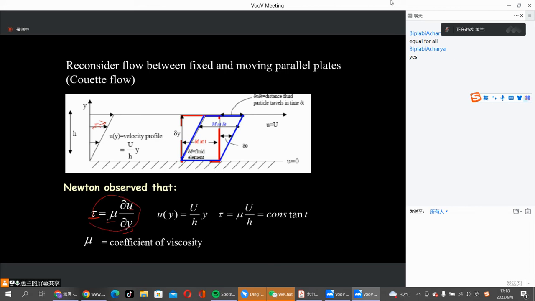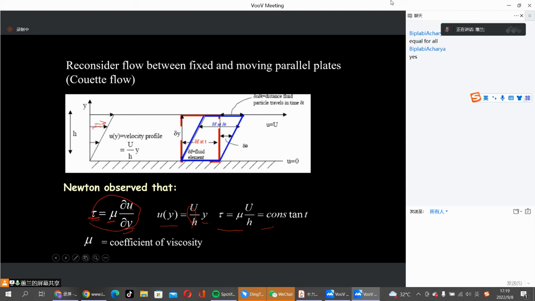Here it's very clear that tau, the shear stress, is linearly proportional to the viscosity, and also proportional to the velocity gradient. Okay, it's not proportional to the velocity magnitude, but to the gradient. Because here the velocity is linearly proportional to y, this gradient is constant, so we can find that the shear stress is a constant.